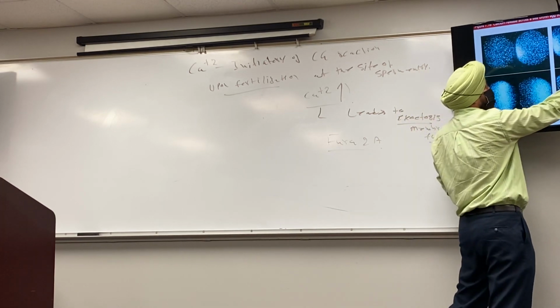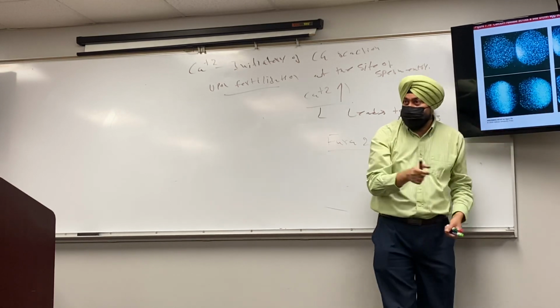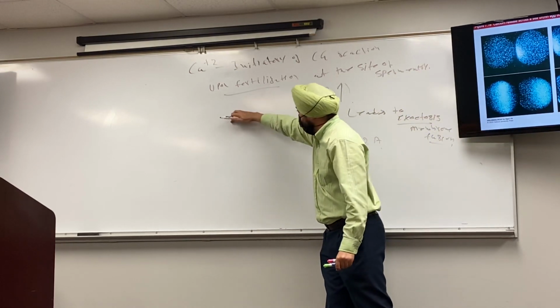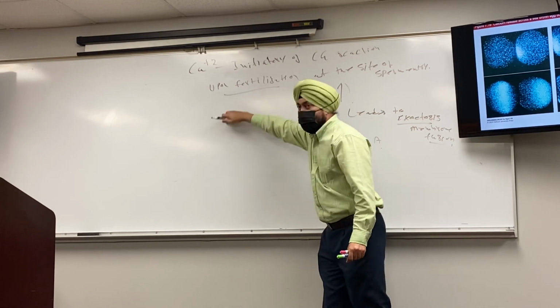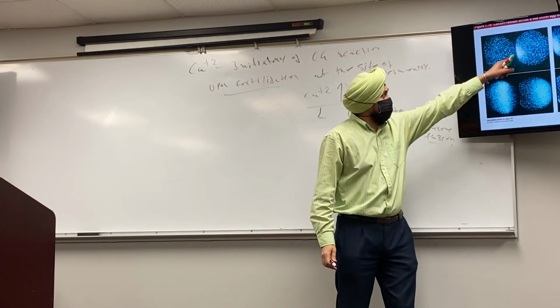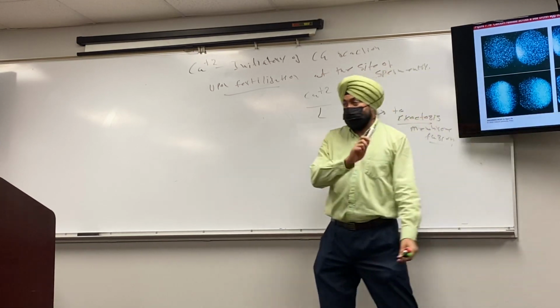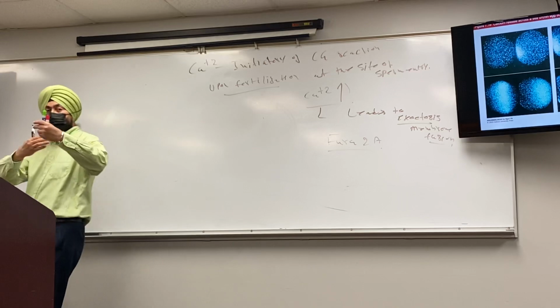It is spreading across, then going to the other end. That's why we said the wave of cortical granule reaction starts from here and spreads. Same way, this is the other egg, it starts here, comes here, and goes in the other direction.